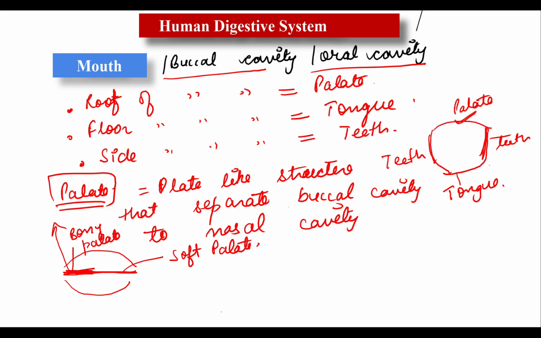It lies below the nasal cavity and is responsible for the separation of the nasal cavity from the buccal cavity. Hard palate and soft palate both form the roof of the mouth. An extension of the soft palate is known as the uvula. Clear?